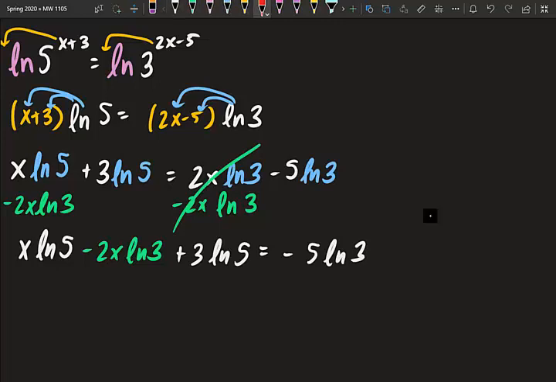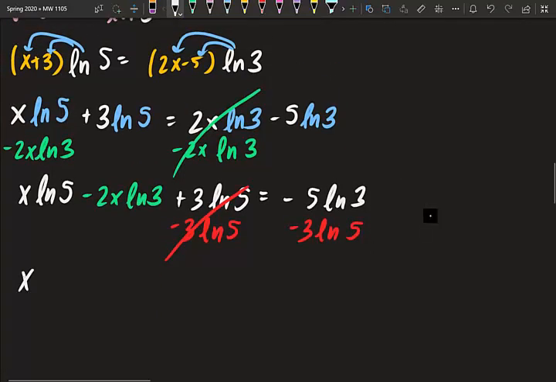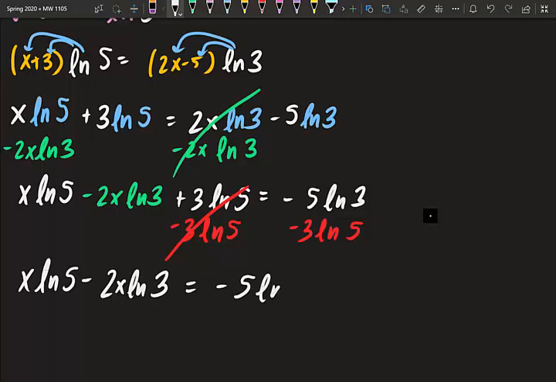This does not have an x, so I don't want it over on the x side, so I'm going to move it over. And now when we do, we have x ln 5 minus 2x ln 3 equals negative 5 ln 3 minus 3 ln 5.